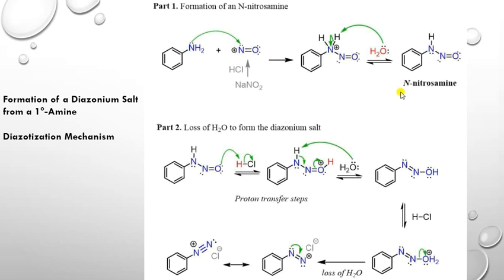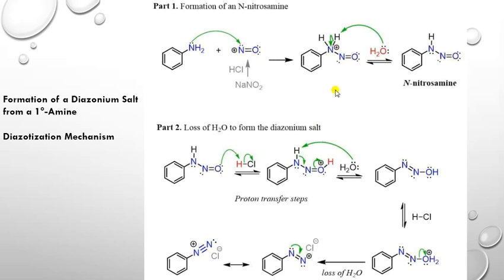After producing N-nitrosoamine, this oxygen will be protonated by HCl, and this hydrogen will be abstracted by a molecule of H2O.